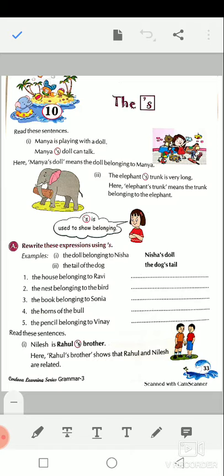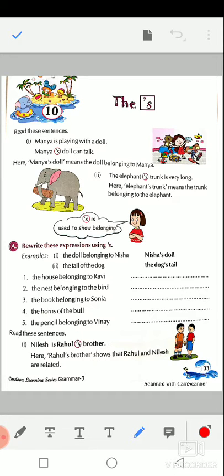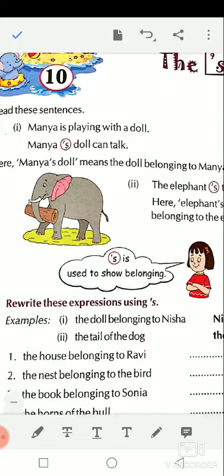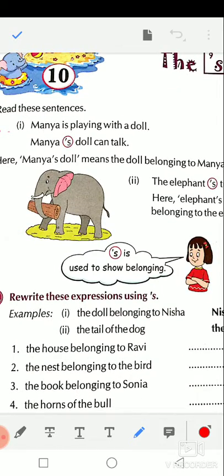Like, see the example here. Manya is playing with the doll. Manya's doll can talk. So this shows that we are talking about the doll of Manya, meaning this doll belongs to Manya.